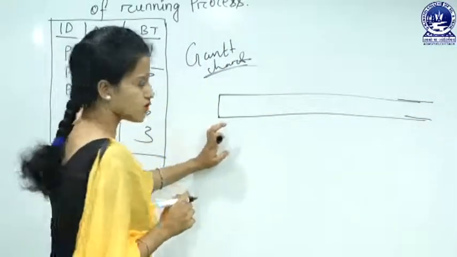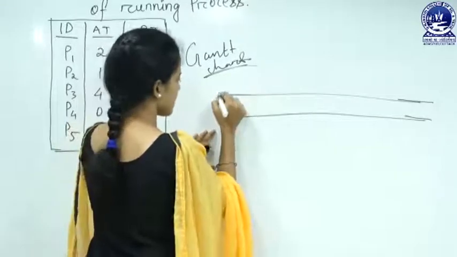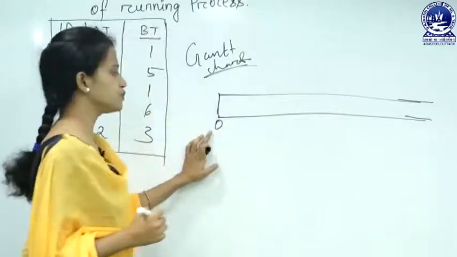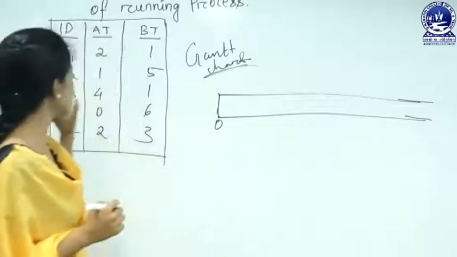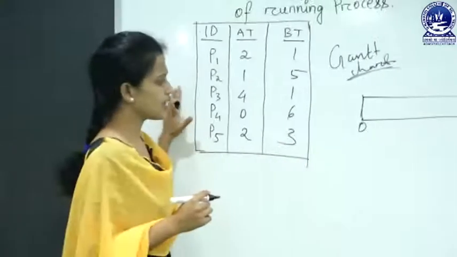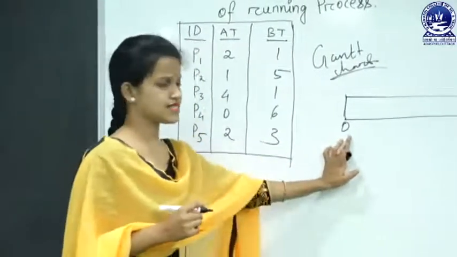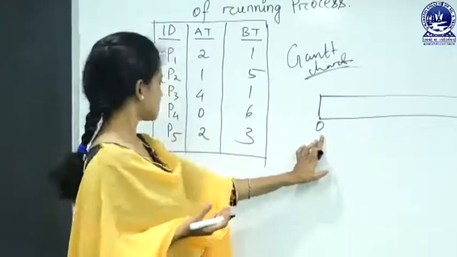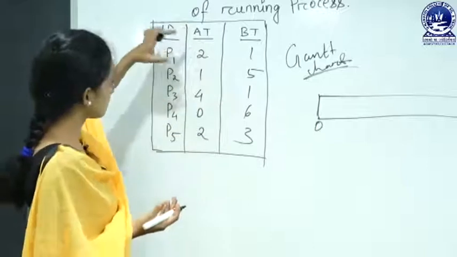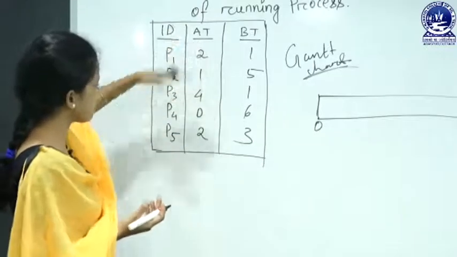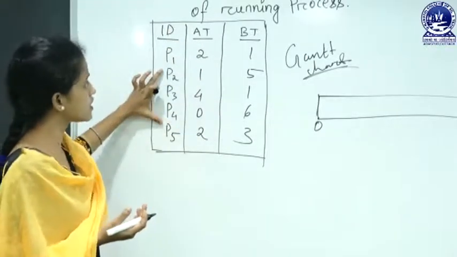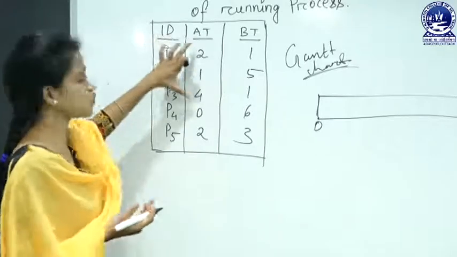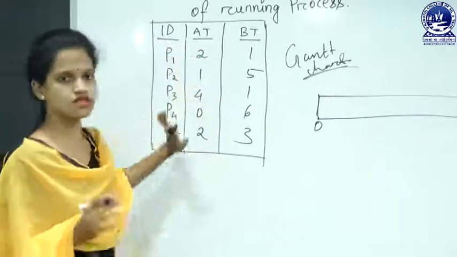Assumption is time would start from 0 milliseconds, as always. So, at time 0, look at the table here: at time 0 millisecond, has any process arrived at the ready state? See the arrival times of the processes. We have 5 processes, and the arrival time and burst time of each are given.